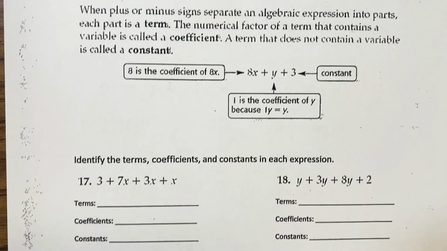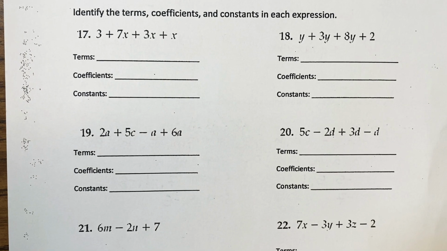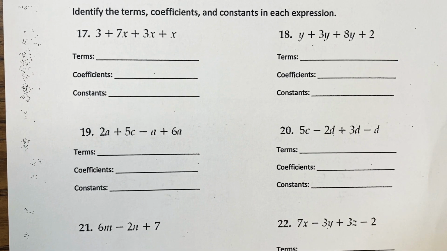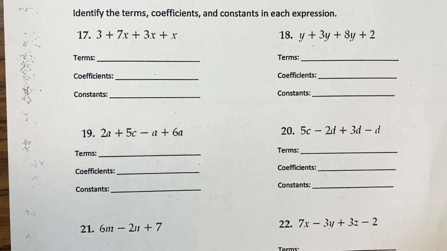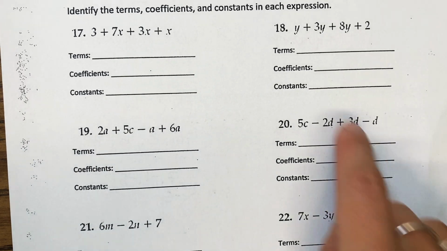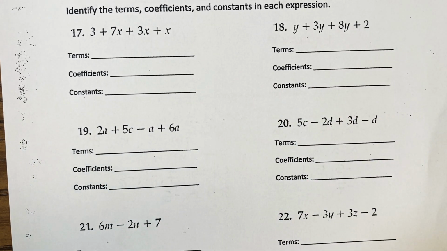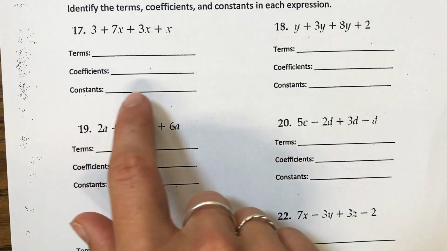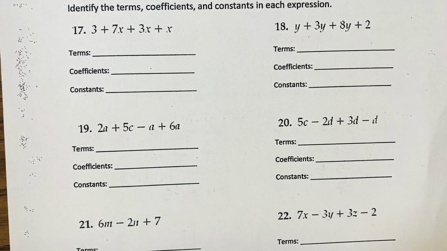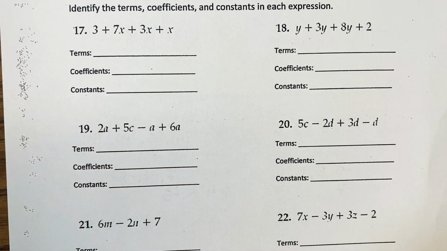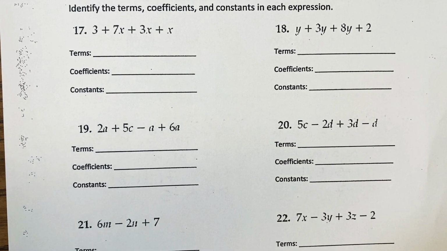Okay, so let's pause. You guys actually in class, pause. And if you're watching this at home, feel free to pause too and try these on your own. Okay, identify terms, coefficients and constants, and then I'm gonna do them right now, obviously, because it's a video and you can pause it.